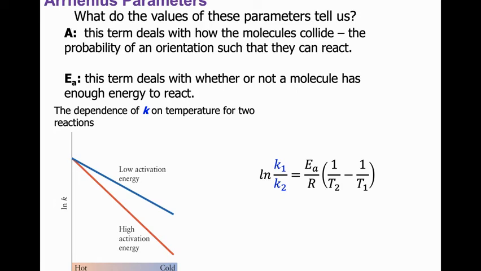So this means that if we increase temperature, we will increase the rate constant, or the rate constant increases with increasing temperatures. And that rate constant is larger when the activation energy is larger.